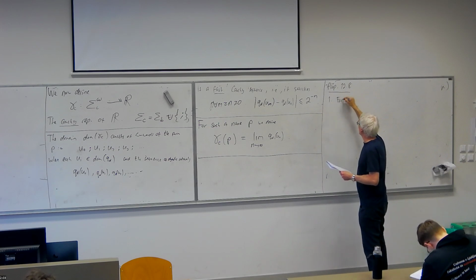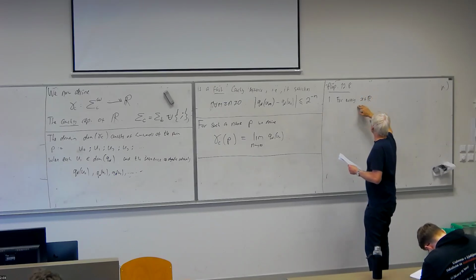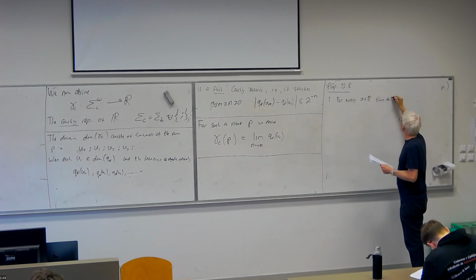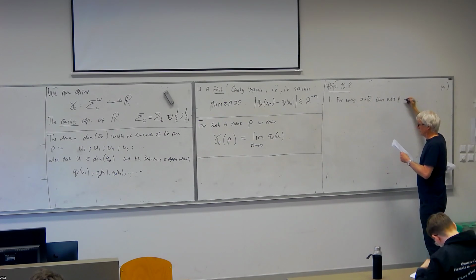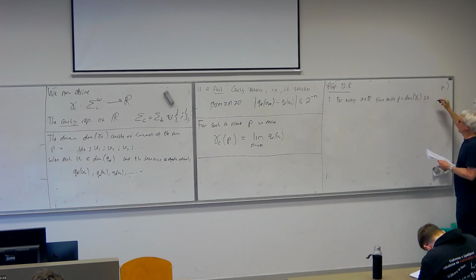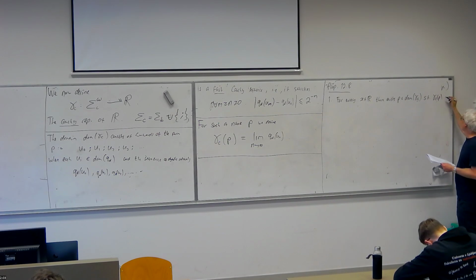So for every x in R, there indeed exists a P in the domain of gamma C, such that gamma C of P equals x. So there exists a name that represents that real number x.